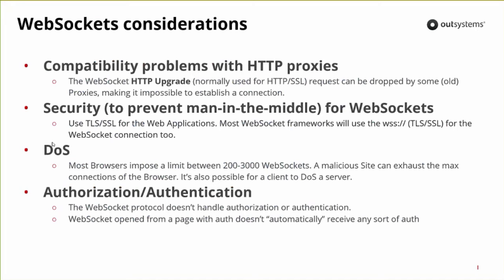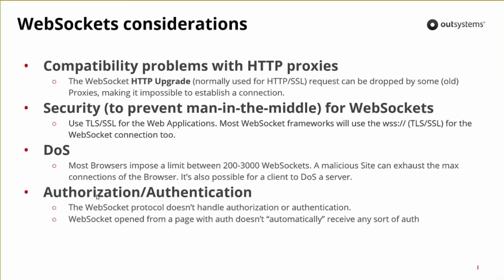In terms of security, always promote TLS/SSL for the OutSystems applications. With this approach, most of the WebSocket frameworks will use secure WebSockets by default. It's important to mention, however, that WebSocket servers can also be the target of denial of service attacks. So the same DoS prevention mechanisms should be in place for exposed self-hosted WebSocket servers.